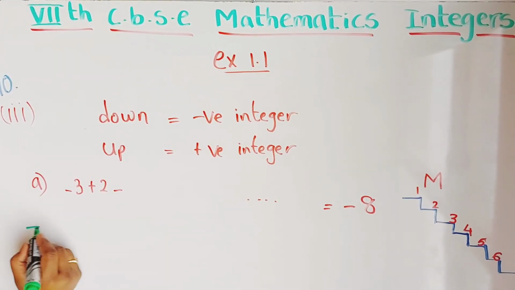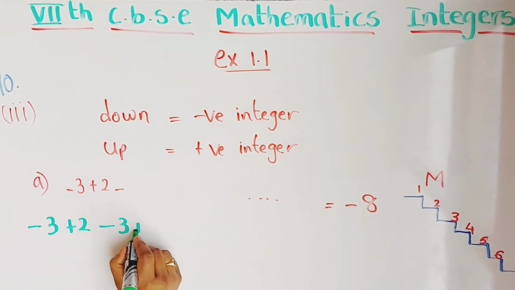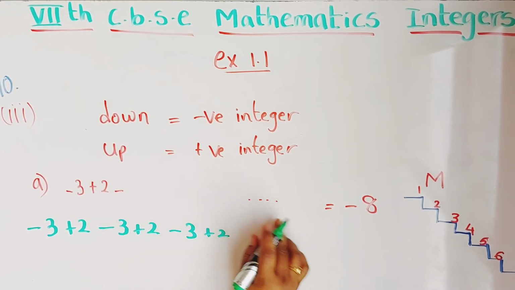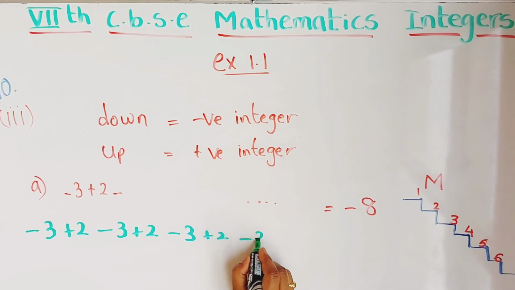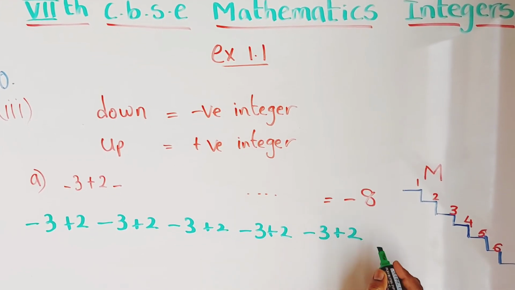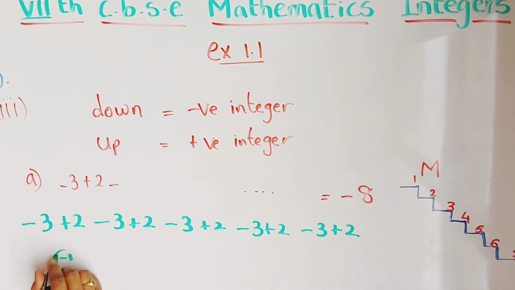We will check the pattern. Minus 3 plus 2, minus 3 plus 2, minus 3 plus 2, because they have given so on, you have to continue until you get minus 8. Okay, so minus 3 plus 2, minus 3 plus 2, and we will check here. Minus 3 plus 2 how much? Minus 1, right children?